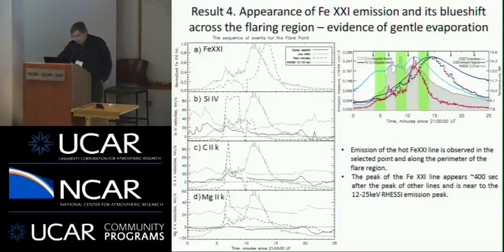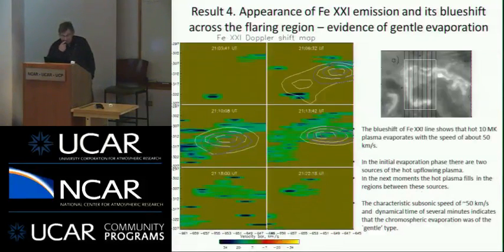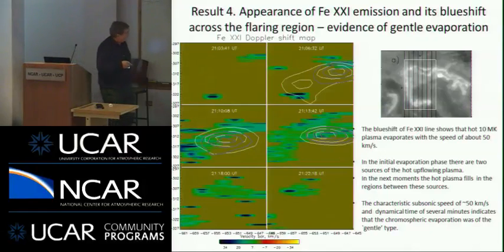Then we look at the maps. Because of this scanning mode, it's not sit-and-stare mode, we can actually reconstruct the spatial picture of the Doppler shift of this iron 21 line, and you can see here the overlaid contours.